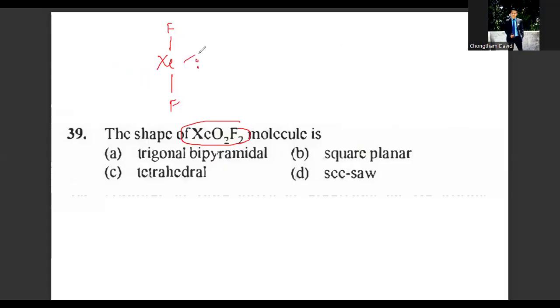I'm going to show you how. There is one lone pair. Due to the presence of this lone pair on the equatorial position, its actual shape is going to be seesaw. Because of the lone pair, it has irregular geometry. Whenever there is no lone pair, it will be a perfect, regular geometry.